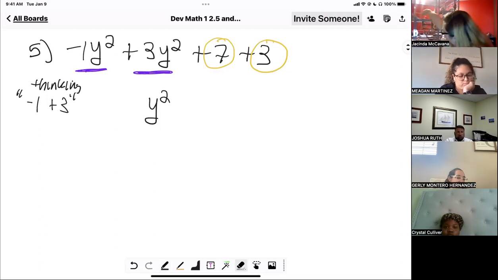That means 3 minus 1 is 2, and 3 is bigger, so it's positive 2. So if I have negative y squared and add 3 of them, I actually have 2y squared. And then I put my circles together because they're my constants, my things without variables. 7 plus 3 is 10.